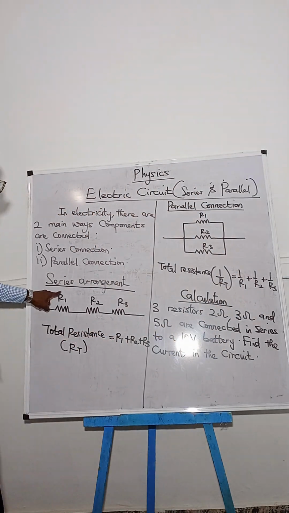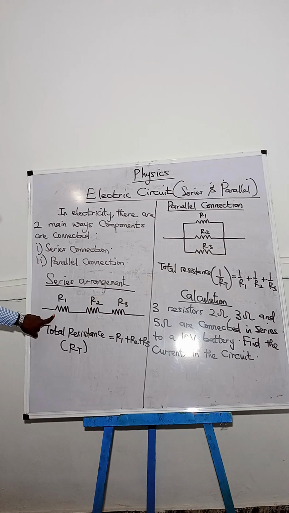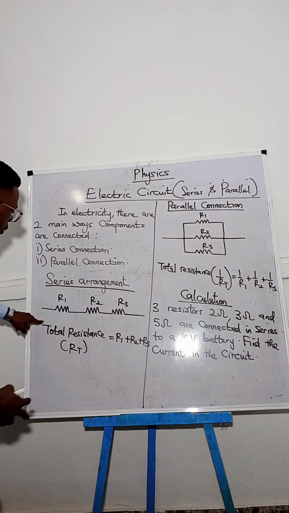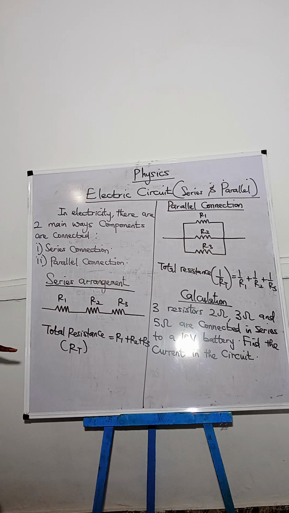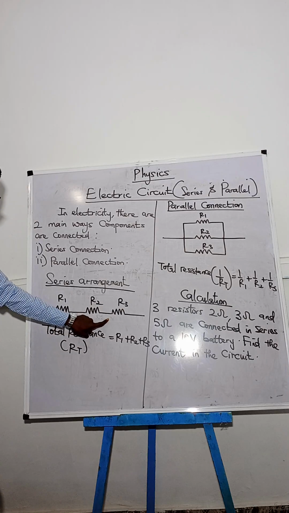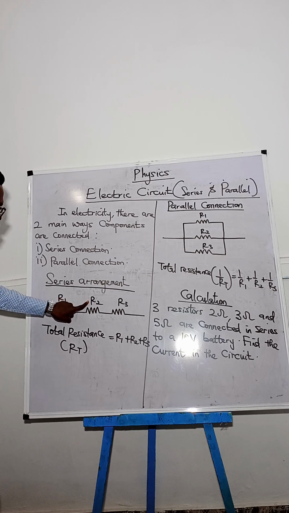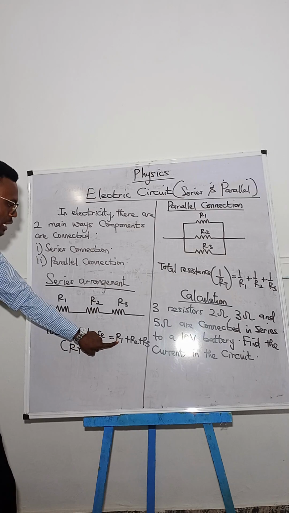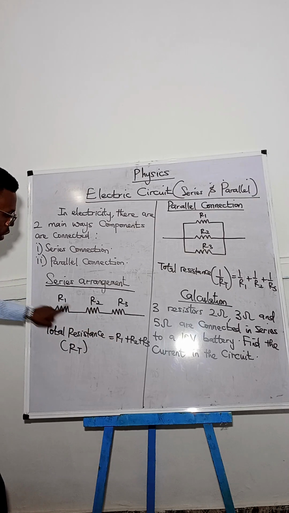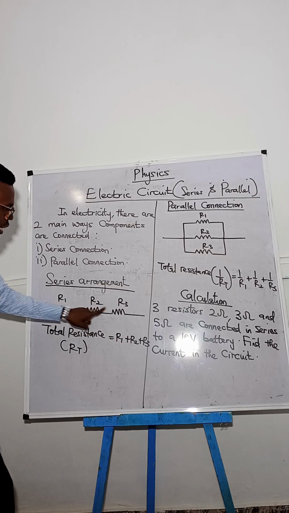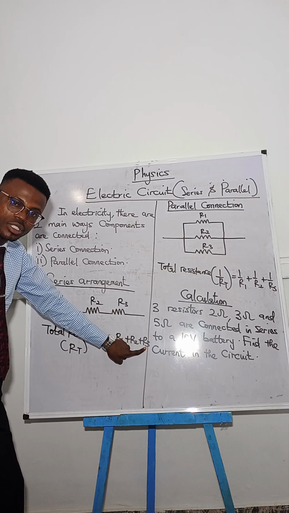Now look at this. This is a series connection. Like you can see, the components are joined end to end, so there's only one path for current to flow. Now you can be asked to calculate the total resistance. Under a series connection, for resistor R1, resistor R2, resistor R3, the total resistance RT becomes the resistance of the first resistor R1 plus the resistance of the second resistor R2 plus the resistance of the third resistor R3.